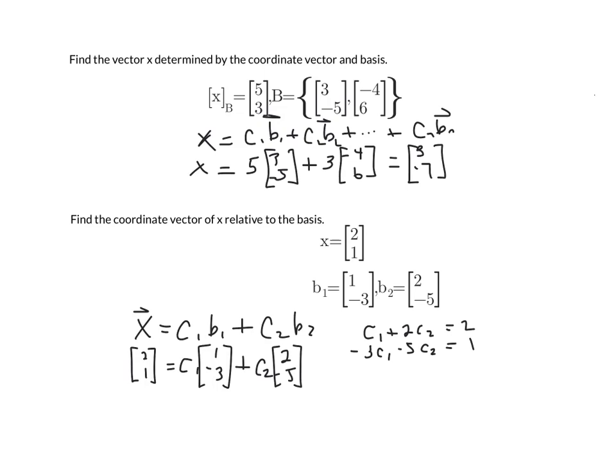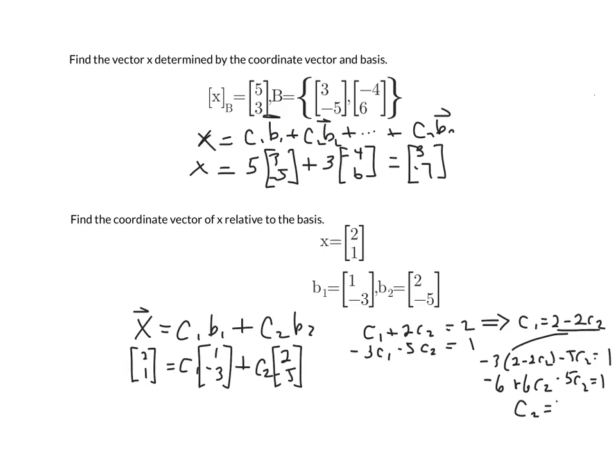I can solve it very quickly using substitution, and we get c1 is equal to 2 minus 2c2, and so let's just plug that into our other equation, and we get minus 3 times (2 minus 2c2) minus 5c2 equals 1, which gives minus 6 plus 6c2 minus 5c2 equals 1. And so that's c2 equals 7.